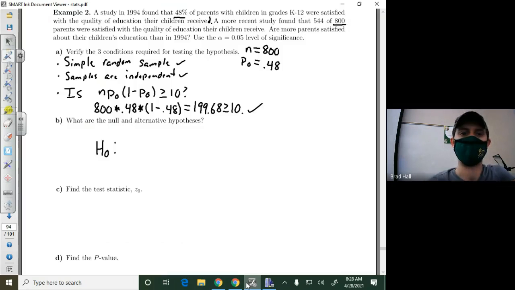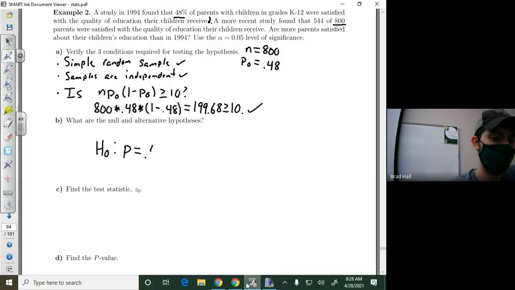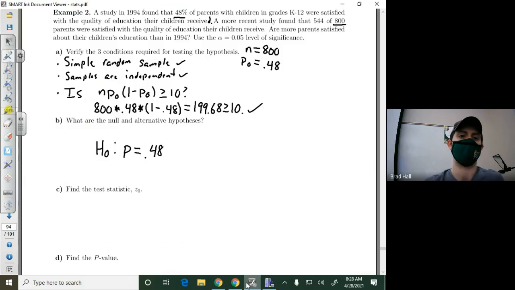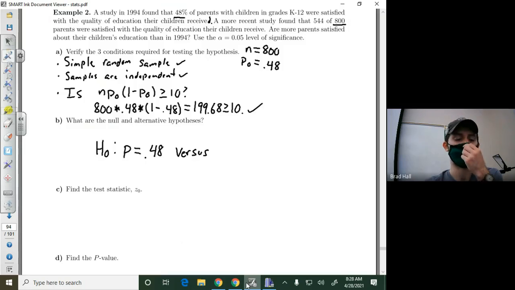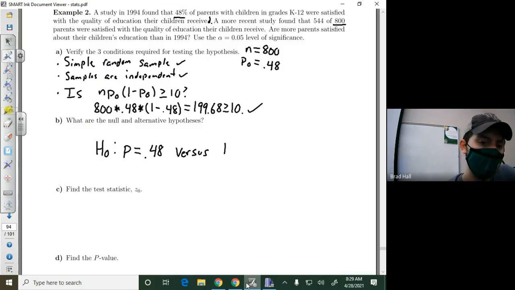So here we see that the assumed proportion, so proportion implies we're using the variable p, and this claims that p is equal to 0.48. So it's assuming that the proportion is 0.48 or 48%. And the way they word it on your homework, they use the word versus as a way to contrast these two, which makes sense. Only one or the other is going to be correct here. And this is versus the alternative hypothesis.